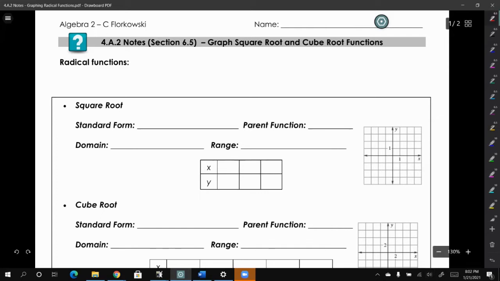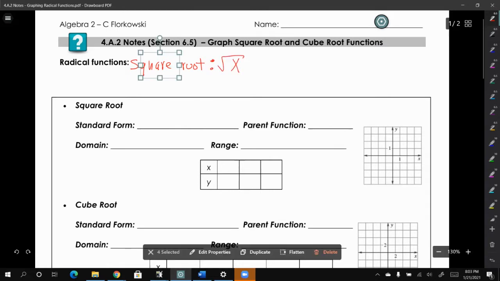Today we're going to talk about radical functions, specifically two types of radical functions, because they really fit in with the inverses that we talked about yesterday. So the first one is going to be the square root function. And what that would look like would just be the square root.